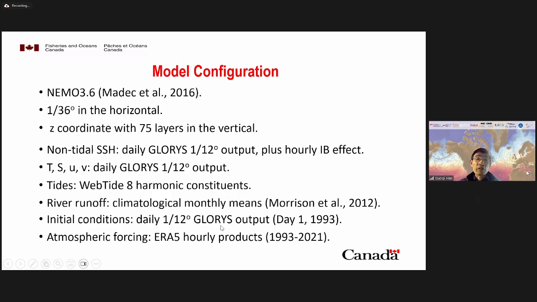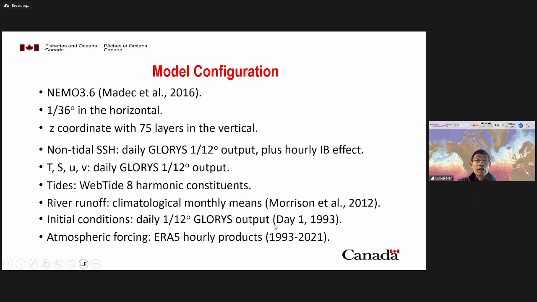So it's a fully baroclinic circulation model. And the wind is from ERA5 hourly products and the open boundary condition is from the 1/12 degree GLORYS global model output.